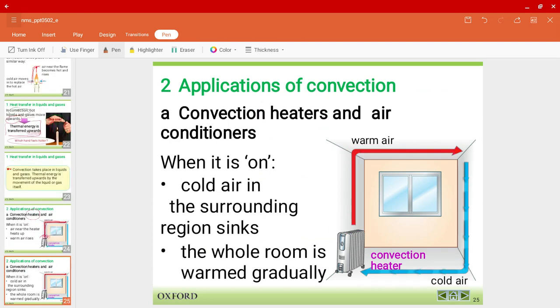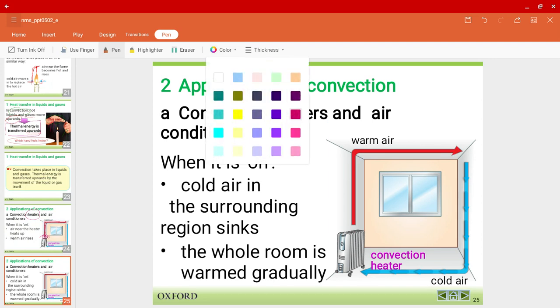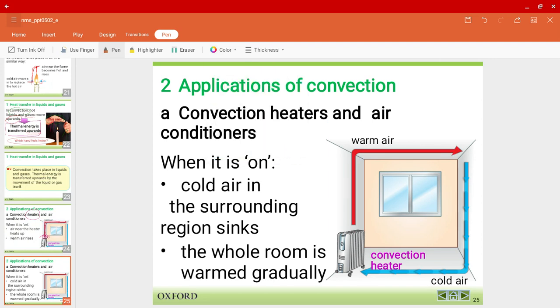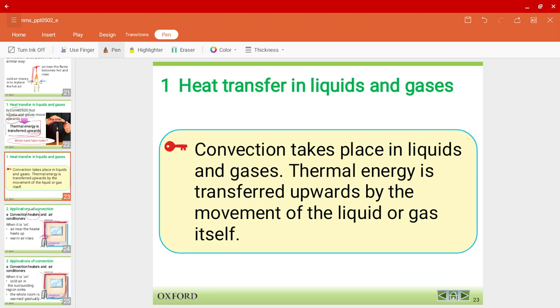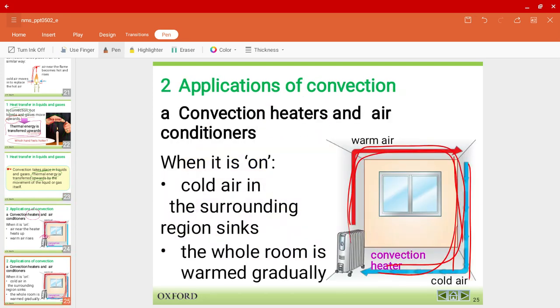And eventually, the cold air in the surrounding would sink down below over here. This process keeps occurring until the whole room is warmed up gradually. I want you guys to see this. Earlier, as I mentioned, thermal energy is transferred upwards by the movement of the liquids and gases itself. And as you can see over here, the warm air is being moved upwards, and eventually the whole room is being warmed up.